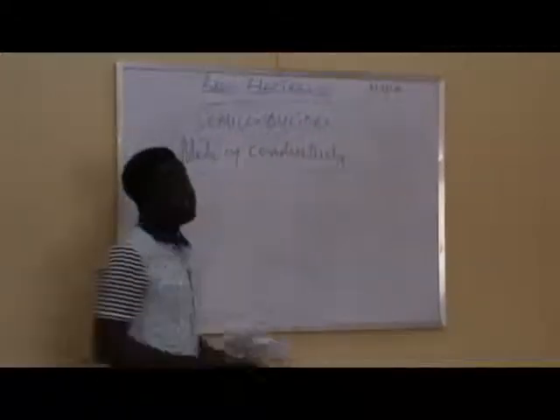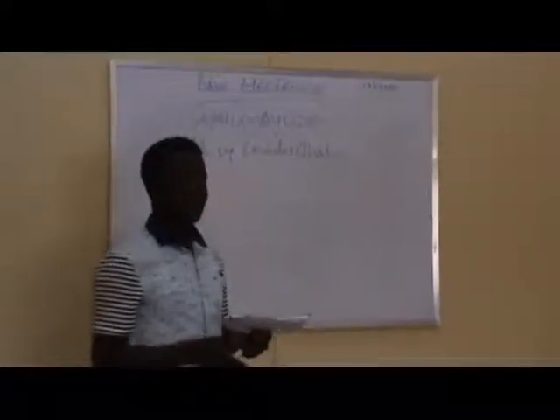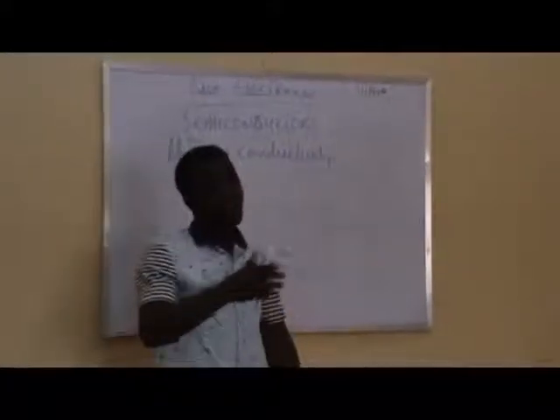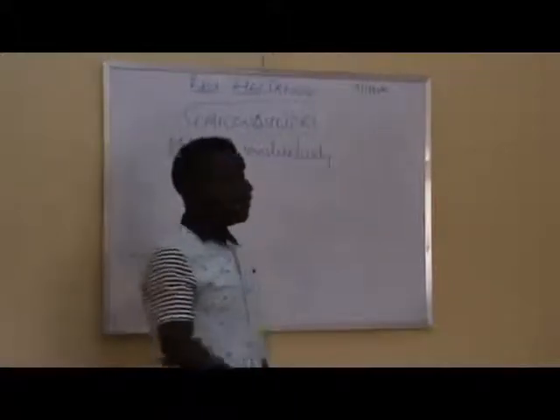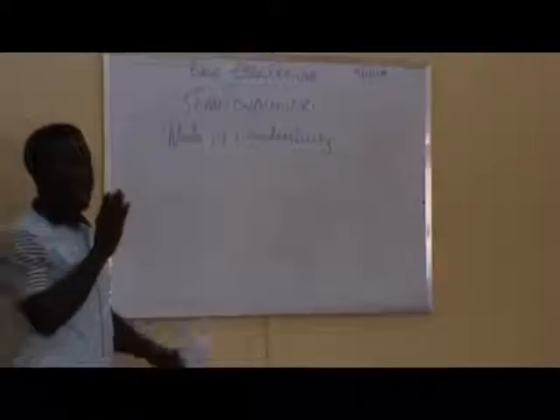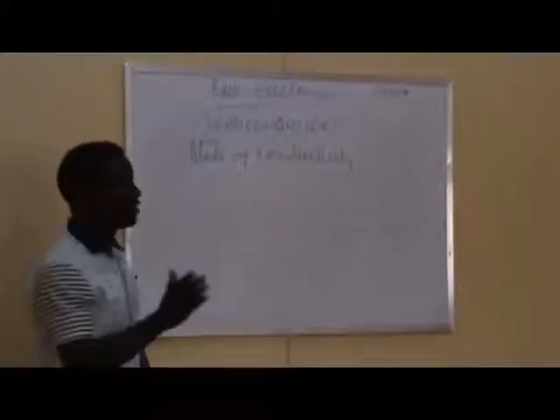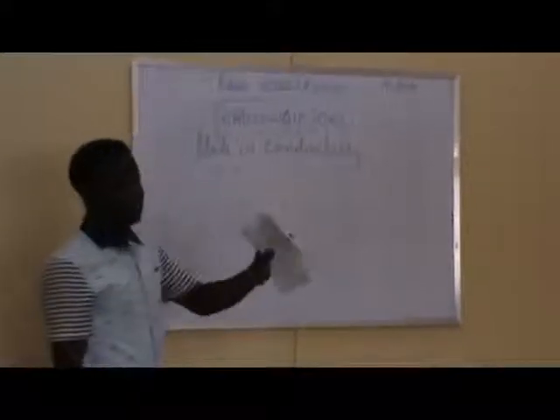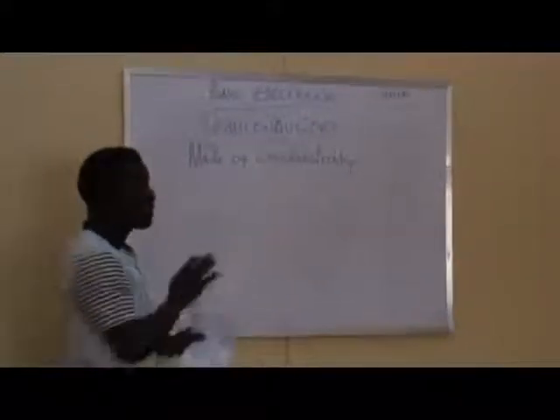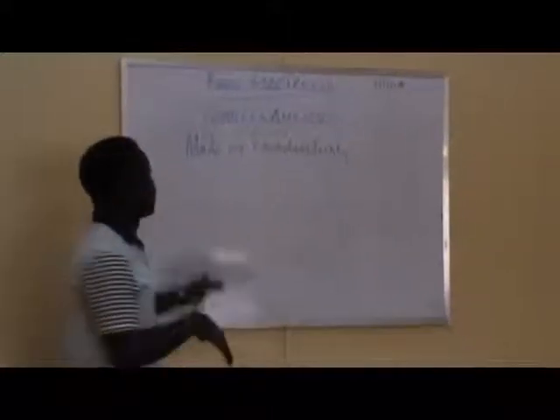The mode of conductivity in conductors, like copper, electrolysis, is positive and negative. It has two carriers of current, the positive and the negative. So that's what makes it different from a semiconductor.